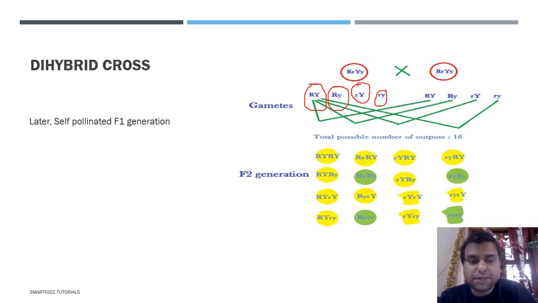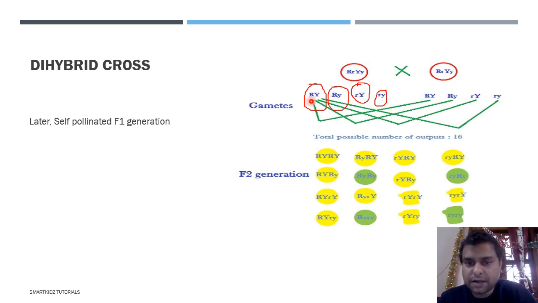So both combinations are then combined. When capital R, capital Y combines with capital R and capital Y, we get capital R, capital Y, capital R, capital Y. So this would be totally yellow seeds and round seeds as well.